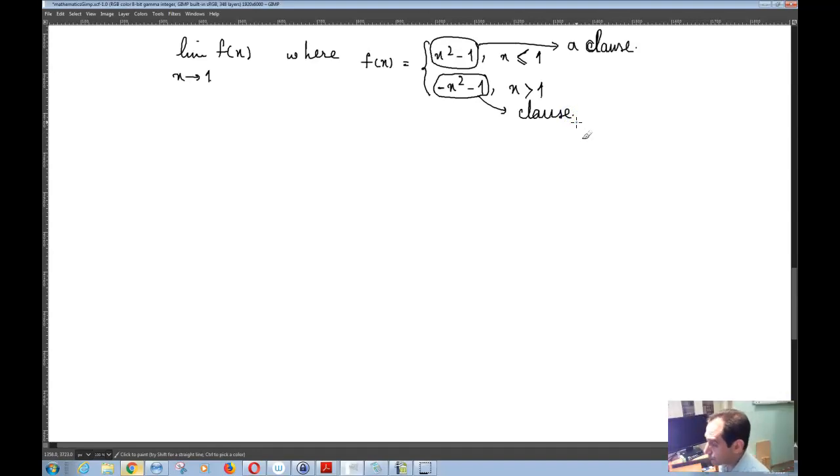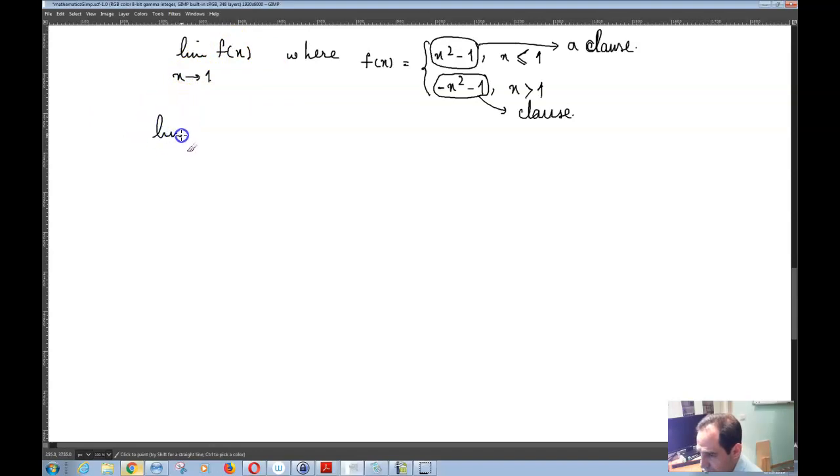So basically, if I want to find the limit of f of x when x tends to 1, I have to get very close to 1 from the right and from the left.